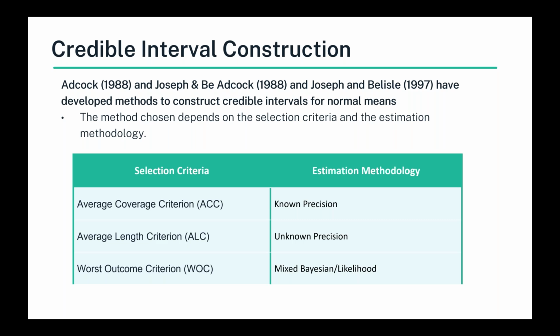Then finally there's the worst outcome criterion, or WOC. This is an extension of the average length criterion, but it allows you to be more confident than saying just on average. So like with the average length criterion, there's still a 50% chance that the actual length will be slightly larger than your specified value.